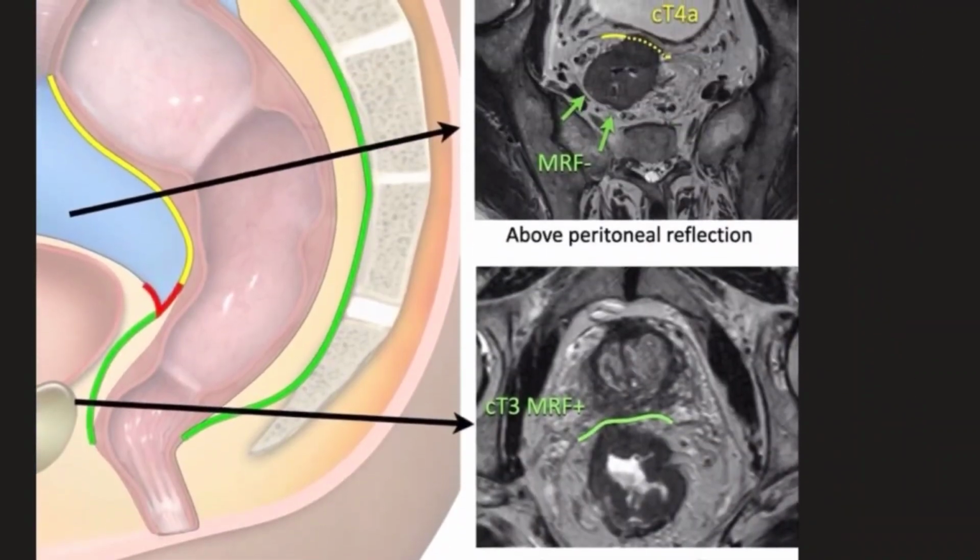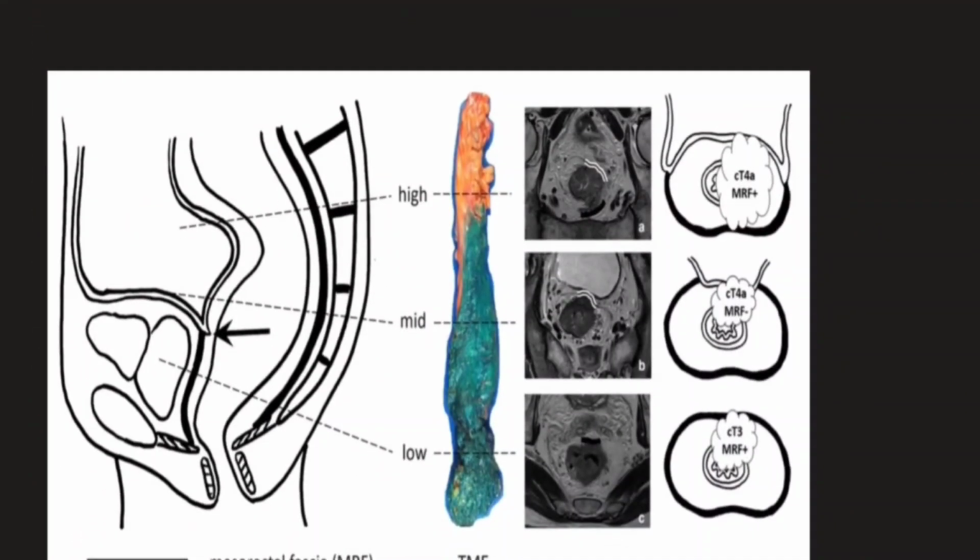Okay, see in this image also. So this is the low rectum, which is entirely covered by this green structure. That's the mesorectal fascia. So if any cancer is involving this, it is T3 disease, MRF positive. But in upper half of mid-rectum, anteriorly it is covered by peritoneum.